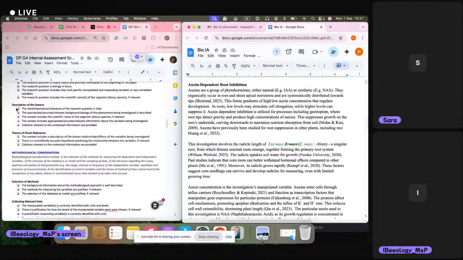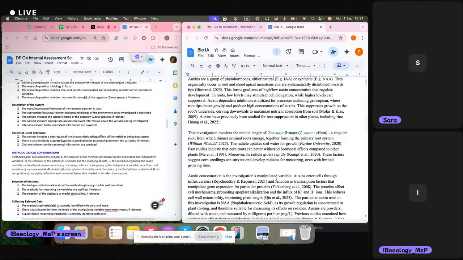Cool. And then appropriate, accurate, and relevant background biology of the phenomenon being investigated. So find some key points from your citations that are relevant to the study and make sense of that. Put it all together right here.